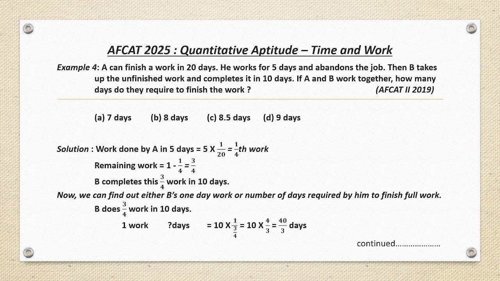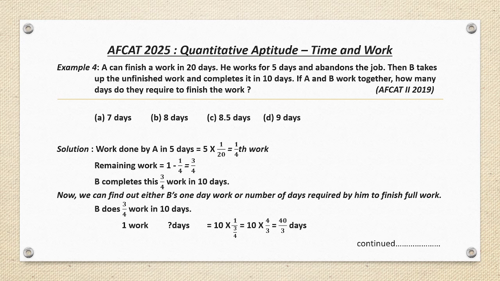Or simply, if he can do 3/4 work in 10 days, he will do 4/3 work in 10 days. Let me restate: 10 into 4/3 is equal to 40/3 days. So this is the time B requires for the full work.